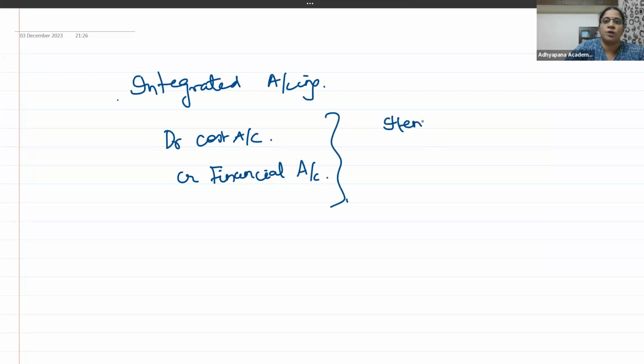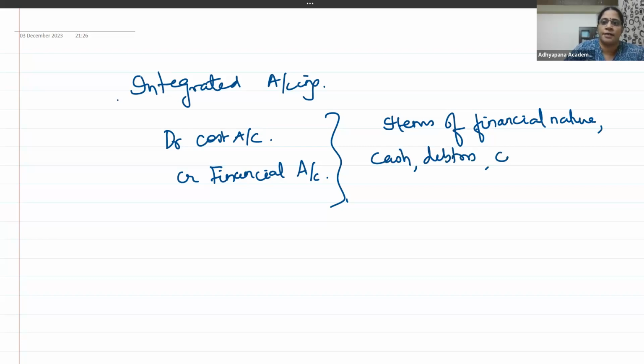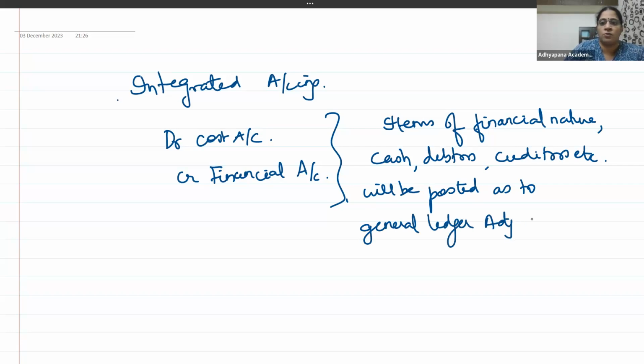Then the items of financial nature like cash, debtors, creditors, etc. will be posted as to general ledger adjustment account or cost ledger control account.